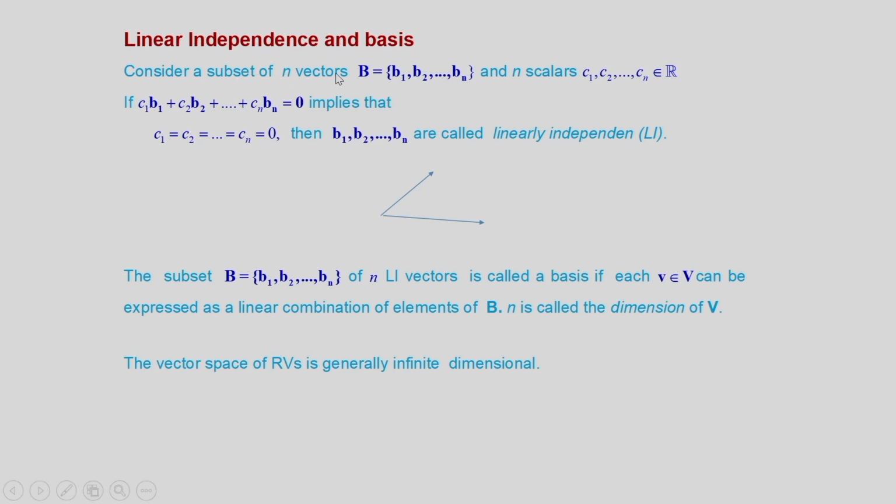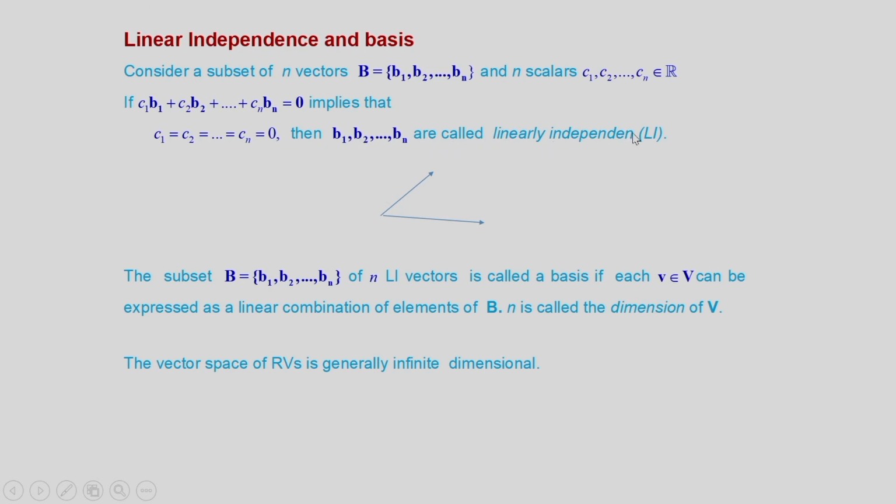Consider a subset of n vectors, that is B = {B1, B2, up to Bn}, and n scalars C1, C2, up to Cn. Now, if C1 B1 + C2 B2 + ... + Cn Bn = 0 vector implies that C1 must be equal to 0, C2 must be equal to 0, and so on, then B1, B2, Bn are called linearly independent.